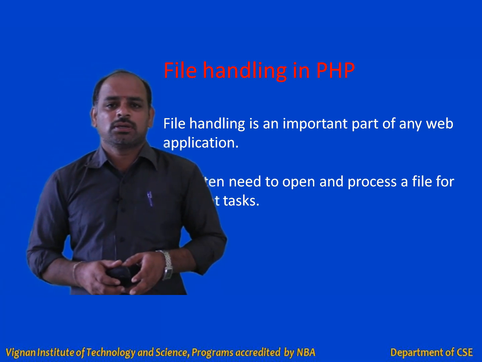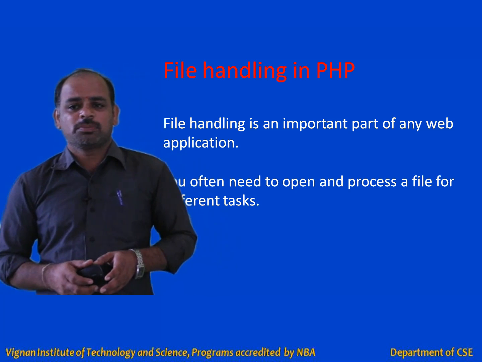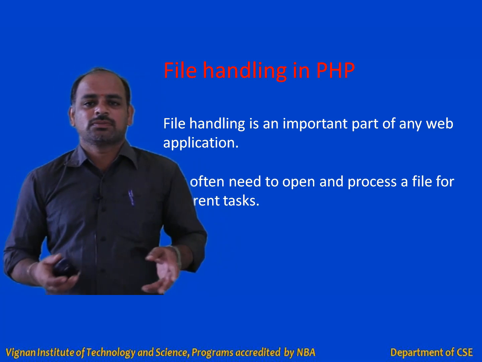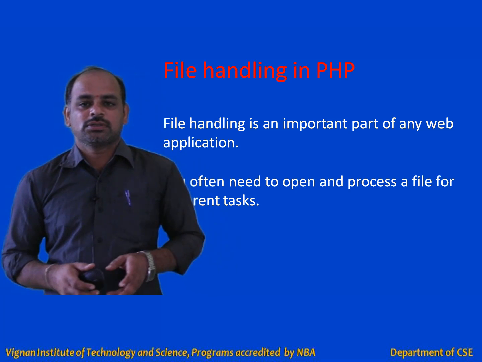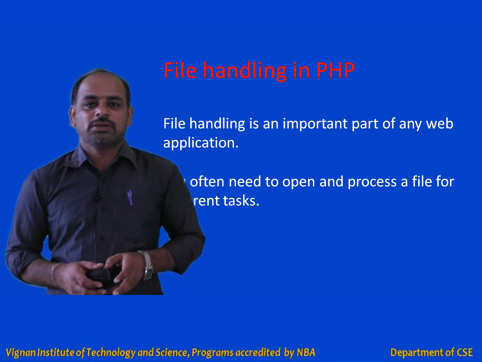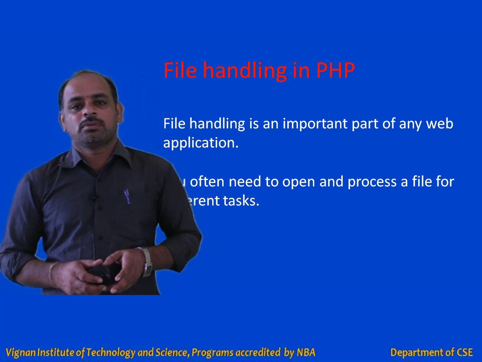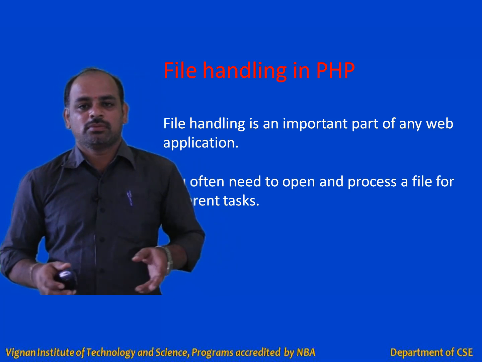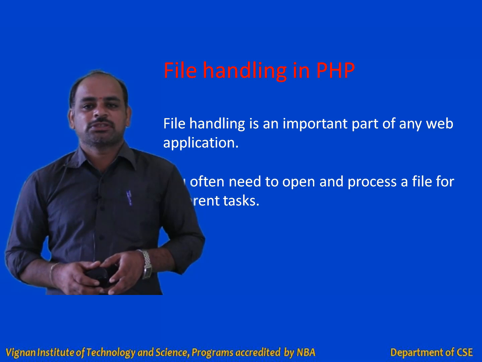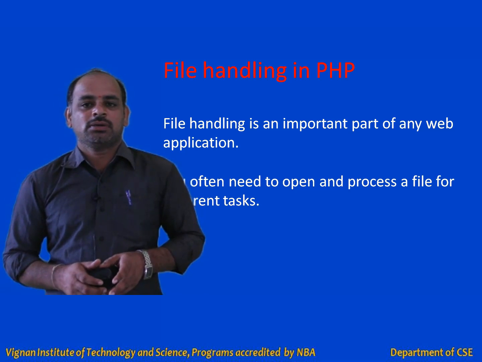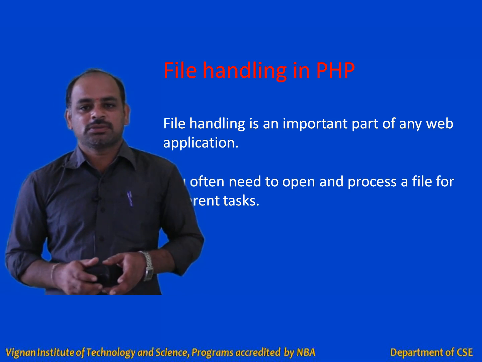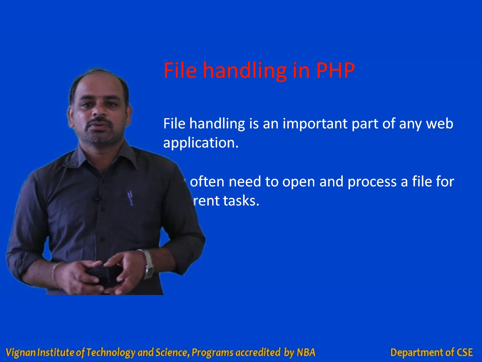So in order to do these operations, what are the steps we need to follow? Let us discuss those here. Basically, in order to perform operations on files, we need to follow three basic steps. One is opening the file, then performing read or write operations on the file, and then we have to close the file.